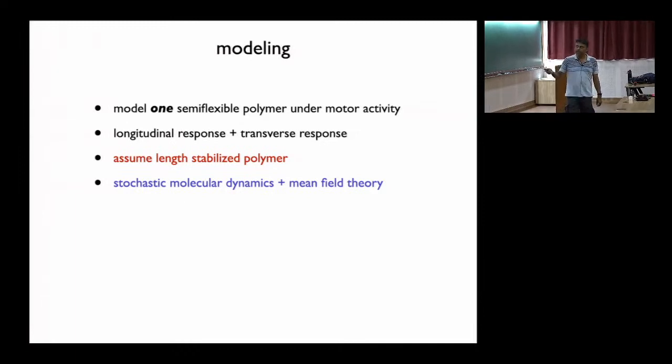Then we'll be looking at the longitudinal and transverse response of this system. I can put a force on top of this and ask how the system responds to it. That's a typical way you probe any system. And we'll assume a length-stabilized polymer with a constant length, which was done in that experiment.